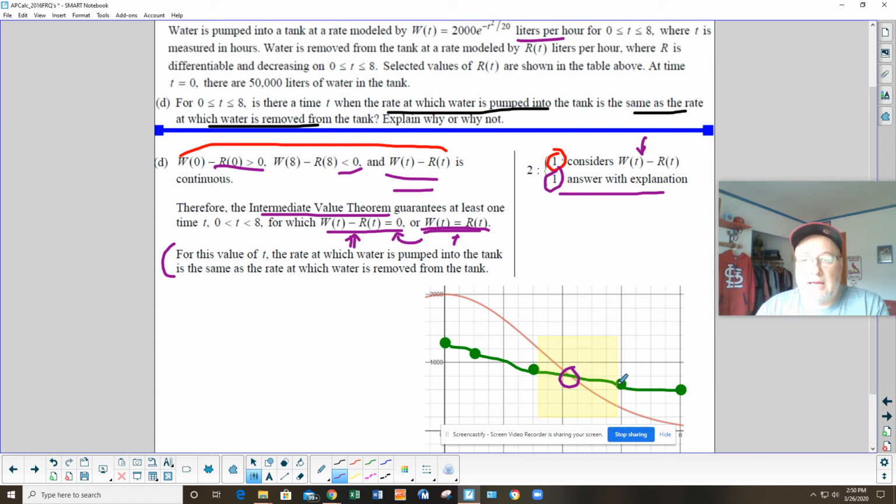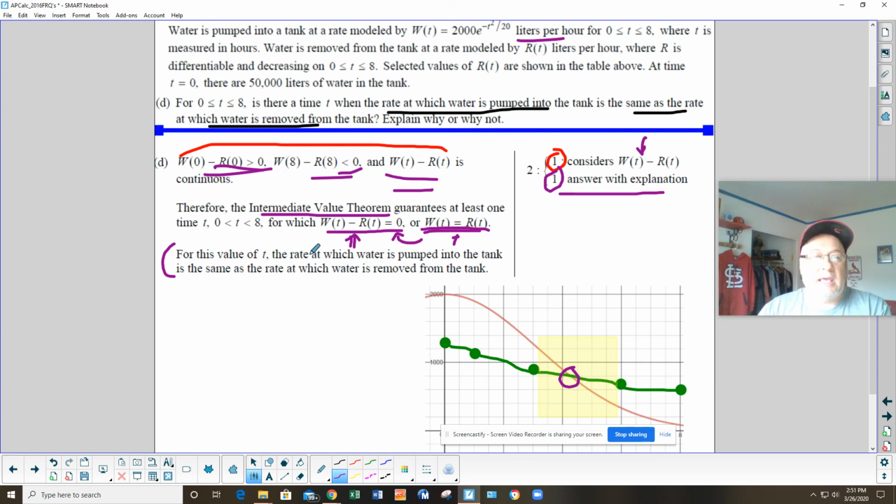And then to the right, the R of t, or the table, is above that. So that's kind of where you could consider, are they equal? Well, one's higher than the other, and then they switch. That's when you consider the equalness of them. Or you could consider, probably a better way to do that, is that at 0, you have positive. At 8, you'll have a negative when you subtract them.